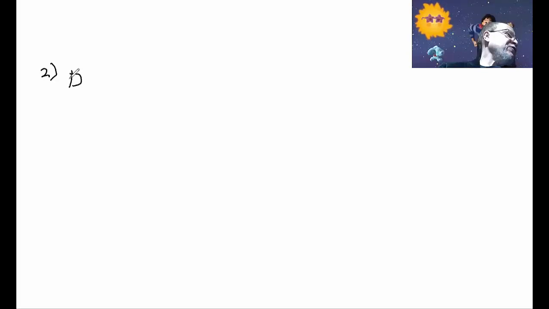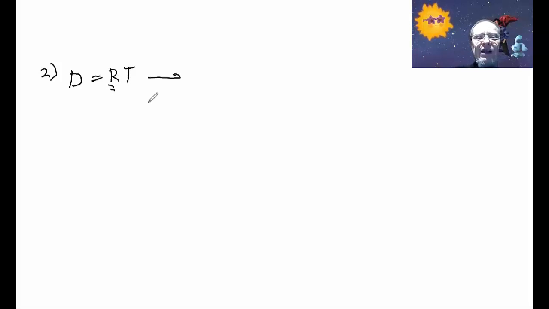In example 2, we are given the formula with all these different letters. D for distance is equal to rate times time. What we want to do is solve for r. We do the same procedure as we would for a regular algebraic problem.